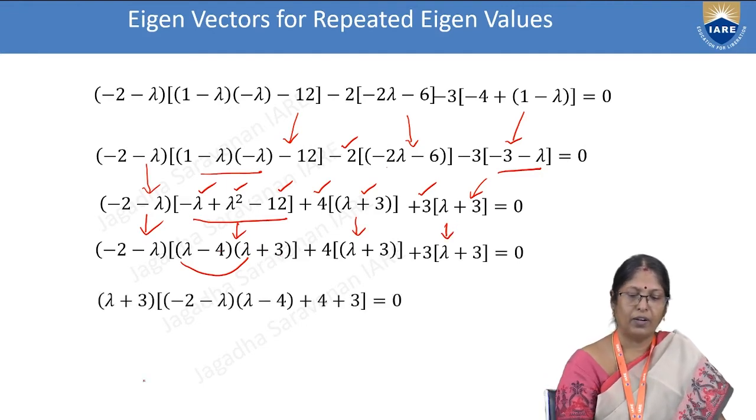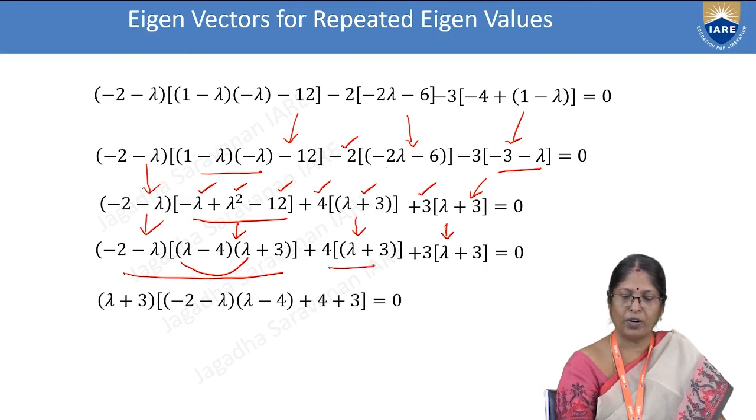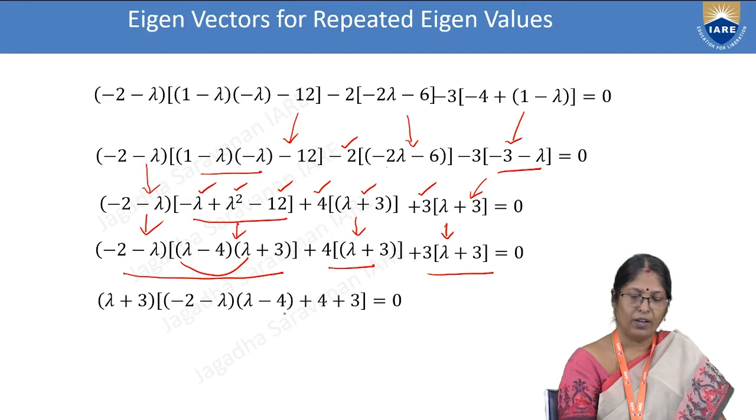That's fine. Now, if you see, one term is there here, one term here, and one term here. So now, in all the three terms, lambda plus 3 is common. Yes, we have taken it out. Here the balance is minus 2 minus, fine, we wrote it.